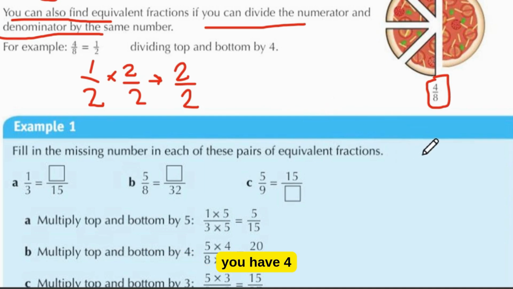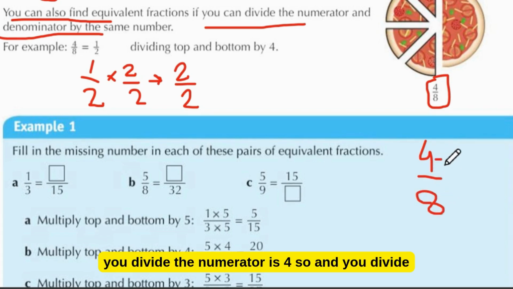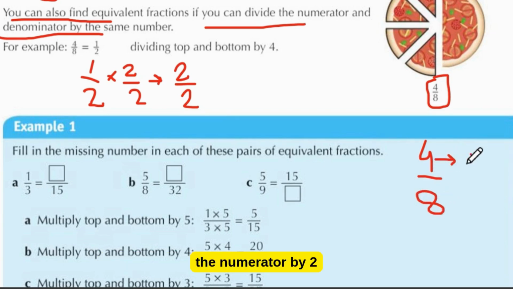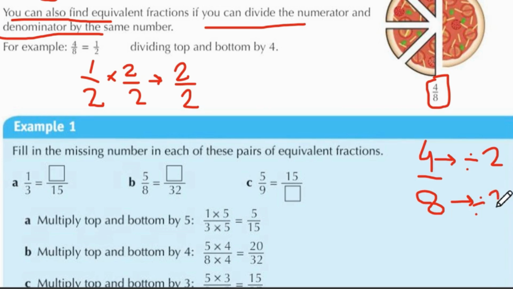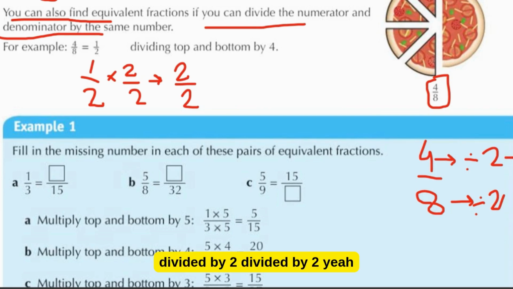For example, you have 4 by 8, and you divide the numerator by 2 as well as the denominator by 2. What will be the answer? 4 divided by 2 equals what? 2. And 8 divided by 2 is equal to 4.